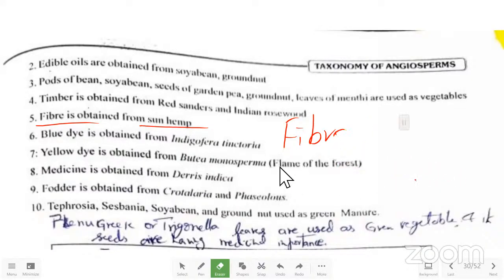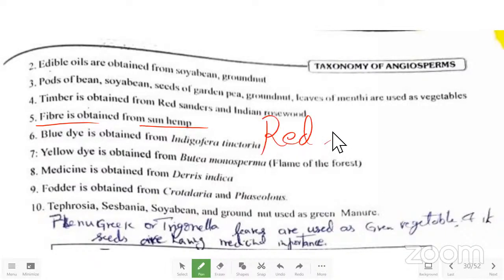And the next one. Timber yielding plants are more in this family, for example red sanders. This wood is used for making furniture, which is very durable wood.